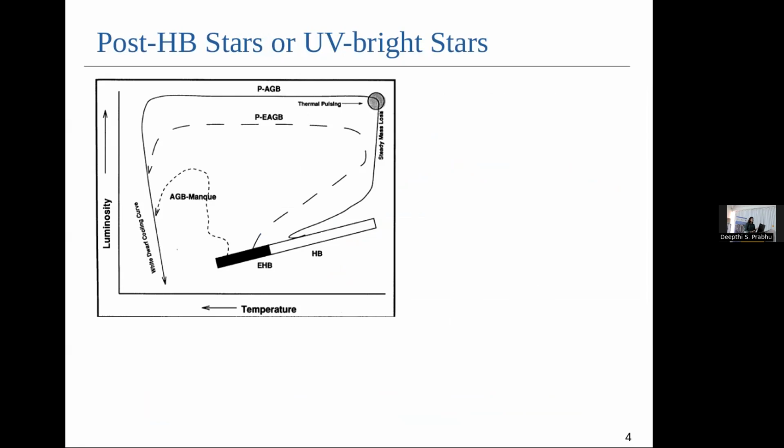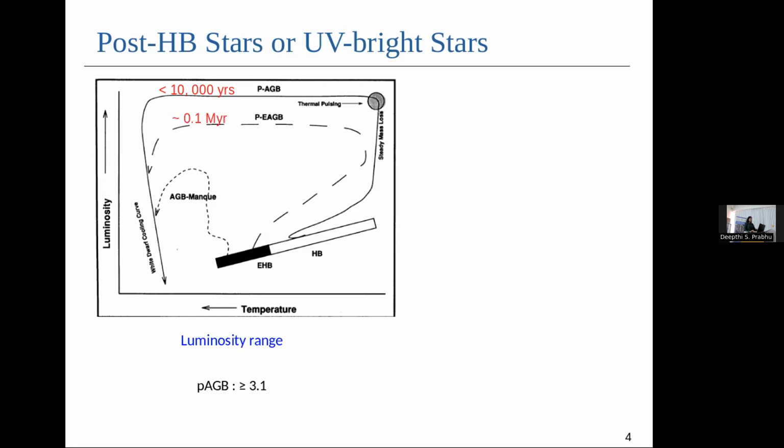But not all horizontal branch stars do this. Only the horizontal branch stars with the highest envelope masses go through the AGB phase and on to the post-AGB. Their timescales are of the order of 10,000 years or less. They are really very fast evolving.